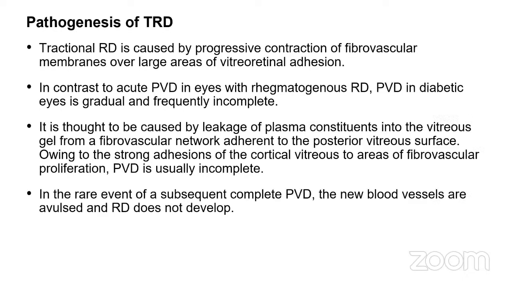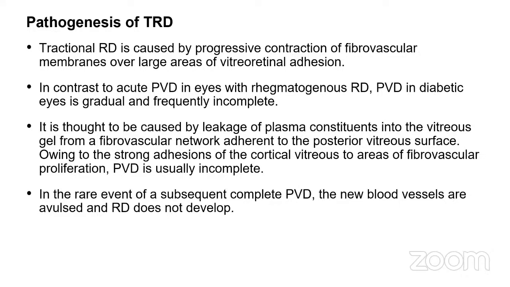So pathogenesis: there is progressive contraction of these fibrovascular membranes over a large area of vitreoretinal adhesion. In contrast to acute PVD in eyes with rhegmatogenous RD, PVD in diabetic eyes is gradual and frequently incomplete.